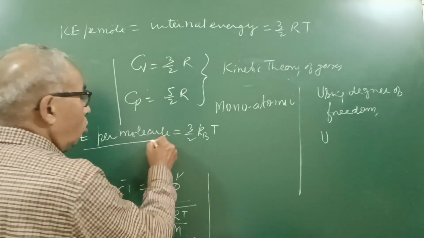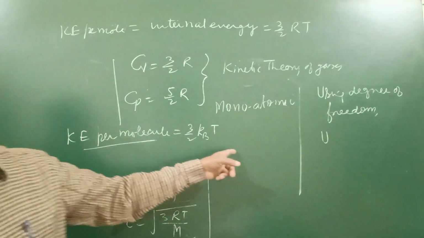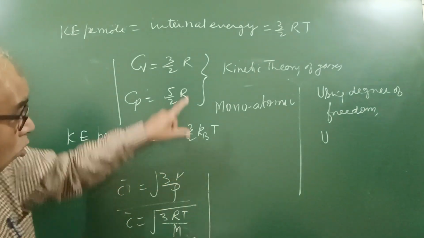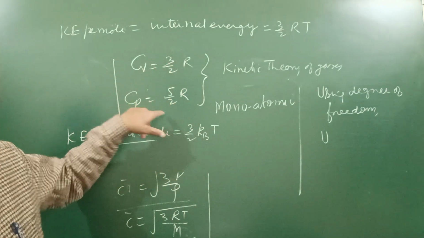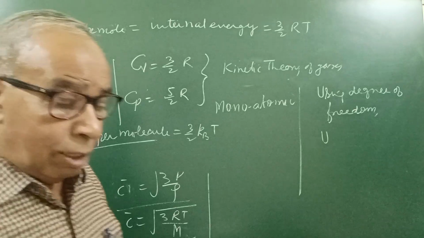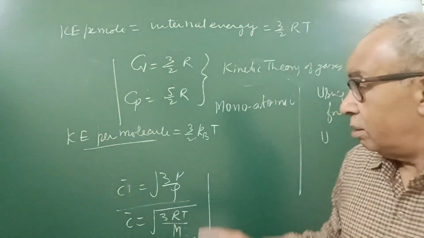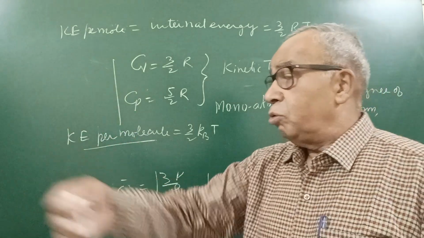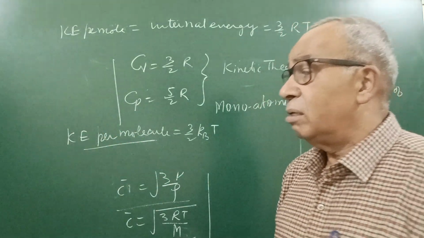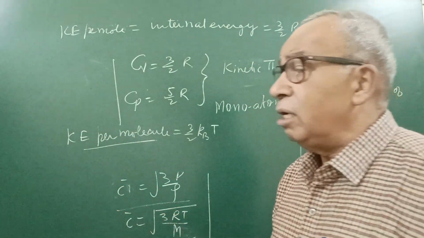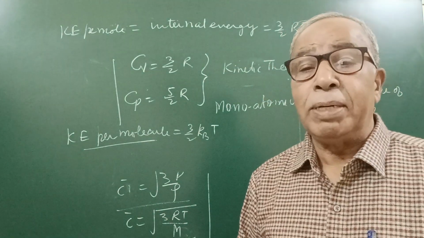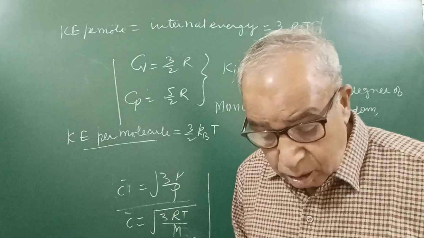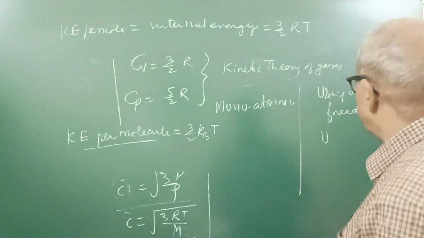So kinetic energy per mole is proportional to absolute temperature, whatever the molecule may be, according to the kinetic theory of gases. So if you have any gas, any particle, at the same temperature, they have the same kinetic energy. But this fact was found wrong.